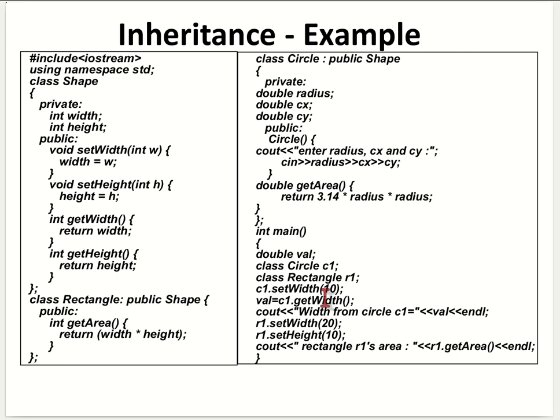And C1 dot get width, what will happen here? The width will be returned and stored in val, and we will get the width from the circle C1 in val. Even if set width and get width are not defined in circle, it is inheriting the functions from shape.